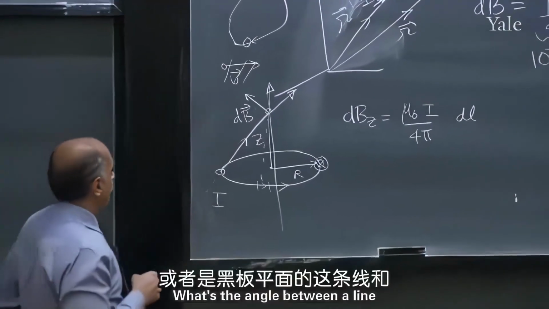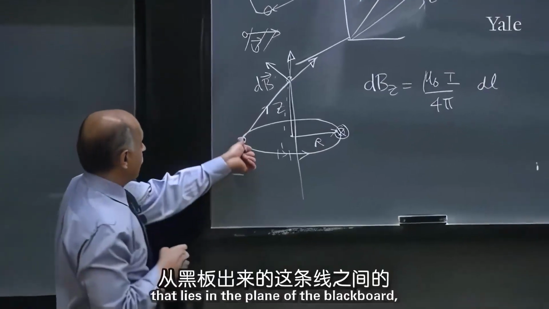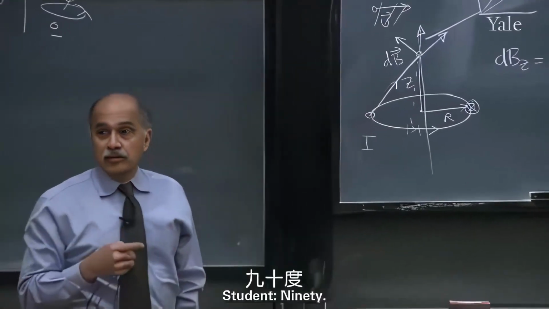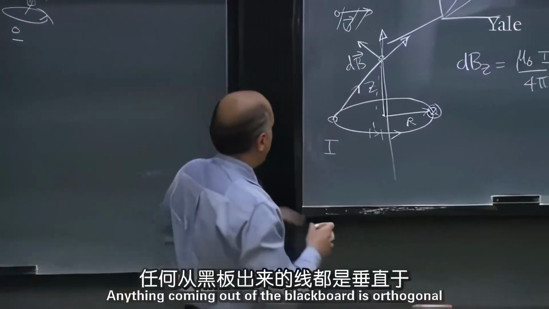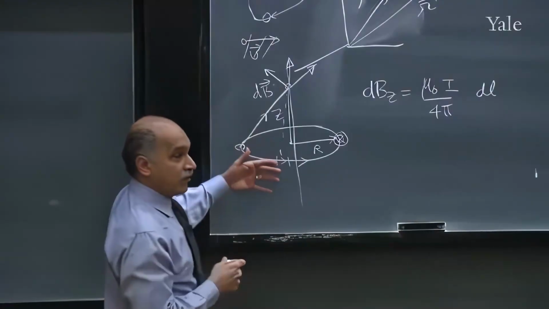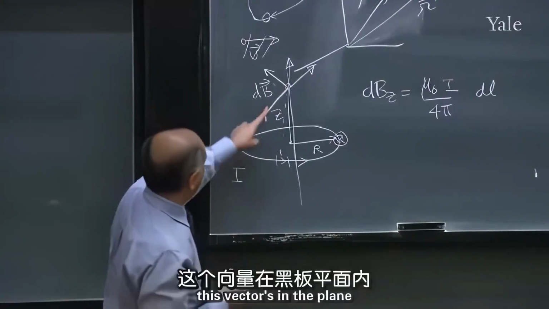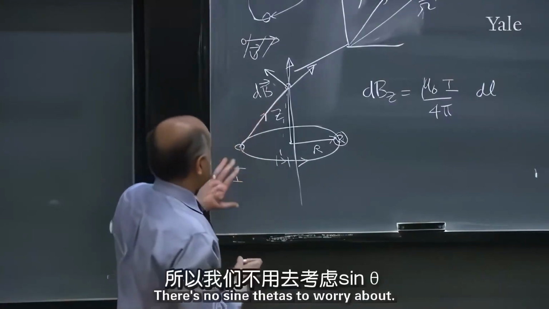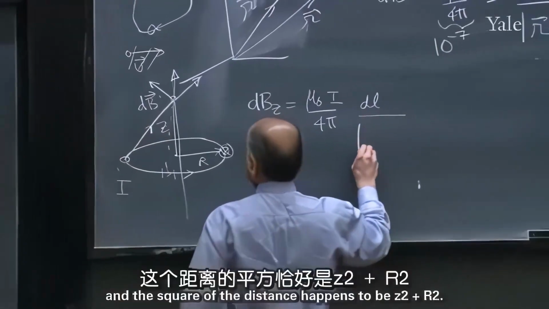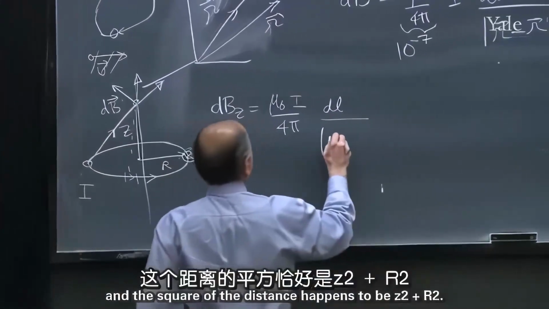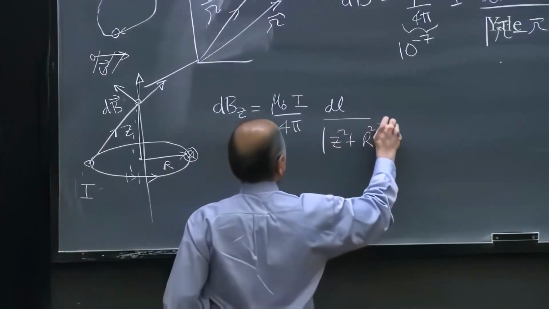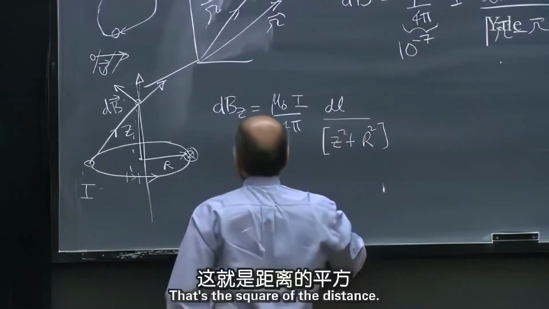What's the angle between a line that lies in the plane of the blackboard and the line coming out of the blackboard? 90. Okay, don't be fooled by anything else. Anything coming out of the blackboard is orthogonal to anything in the plane of the blackboard. The wire is coming out of the blackboard, this vector is in the plane, there are no sine thetas to worry about. But you've got to divide by the square of the distance, and the square of the distance happens to be z squared plus r squared.